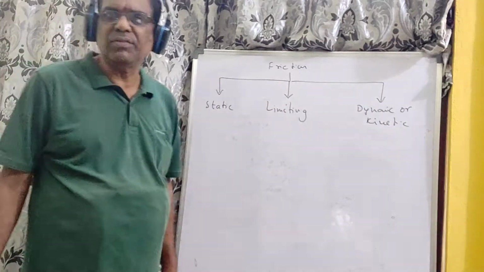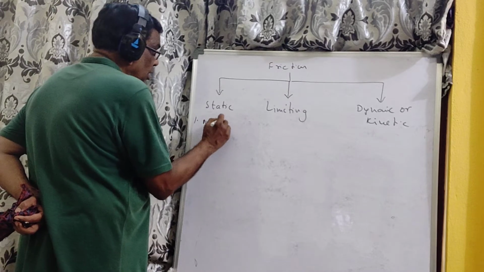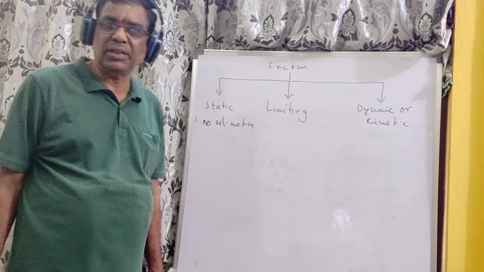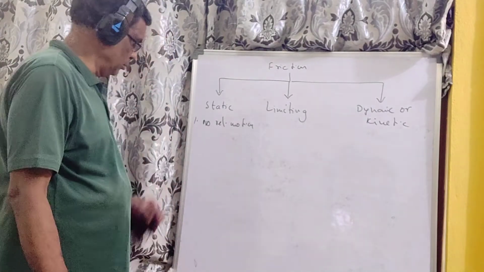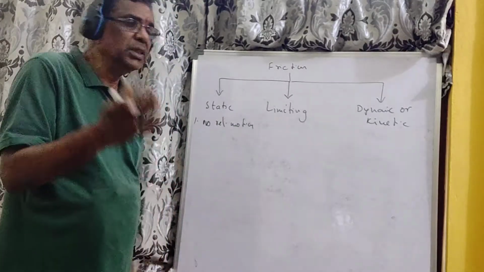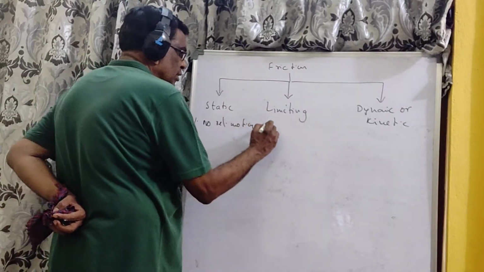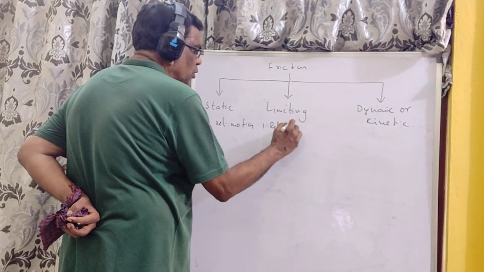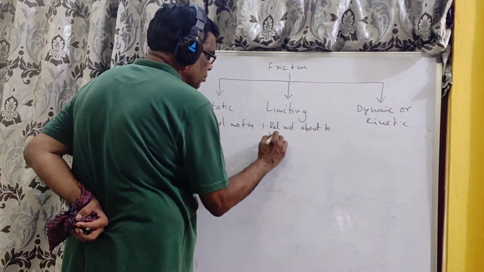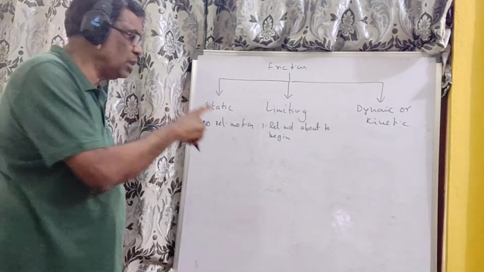What do you mean by static friction? When there is no relative motion between the surfaces in contact, then if at all you get any frictional force, it is bound to be static. Here, relative motion about to begin.